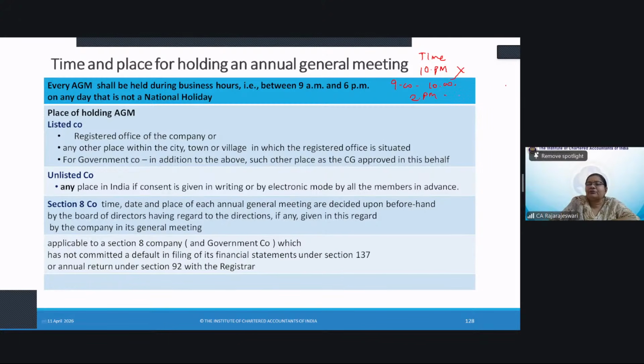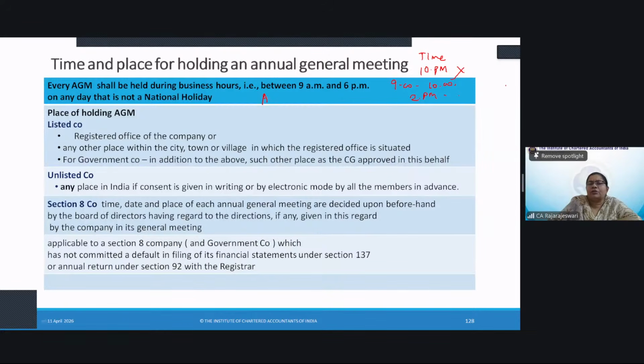Maximum 6 p.m. you should hold it, because the meeting could go for 3 hours, 4 hours. So practically what we do is we start it from 9 a.m. or 10 a.m. or 11 a.m.